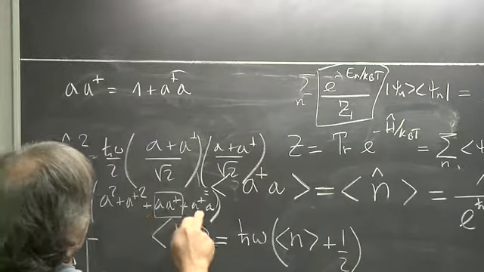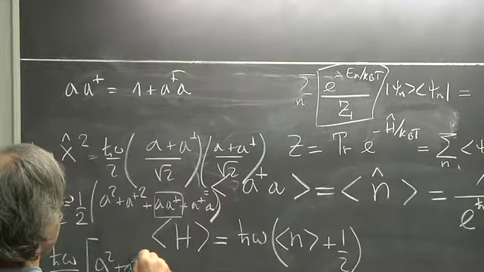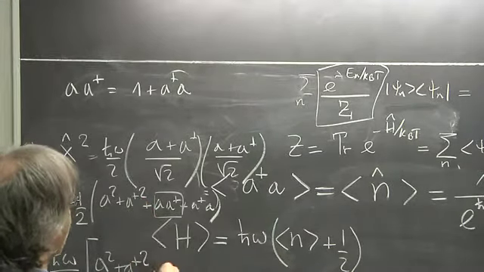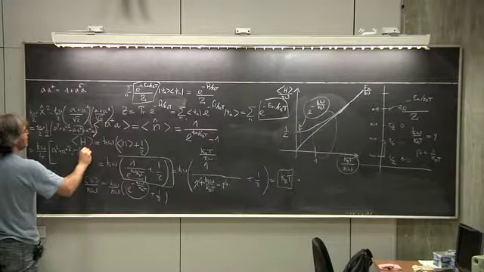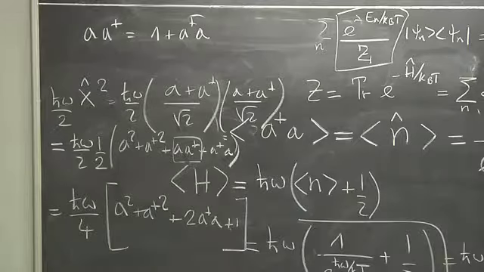So I plug it in there, and I have A square plus A dagger square plus twice A dagger A plus 1.